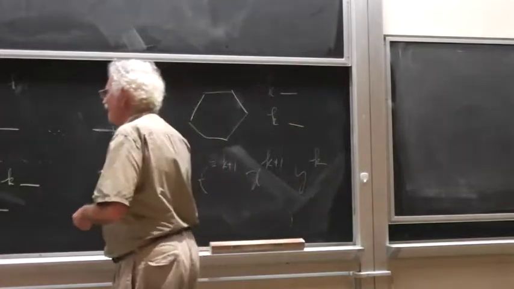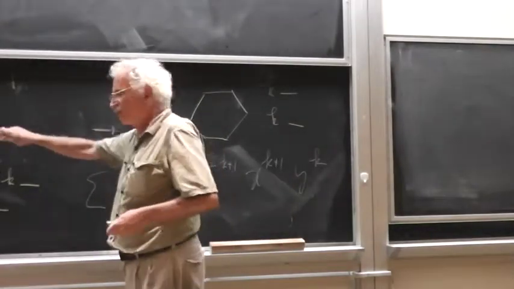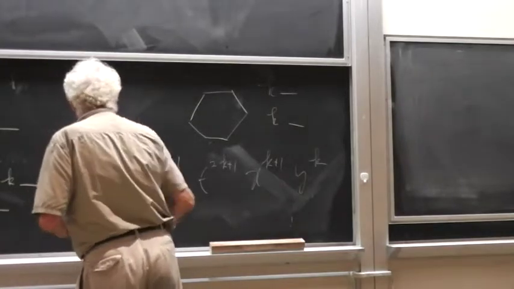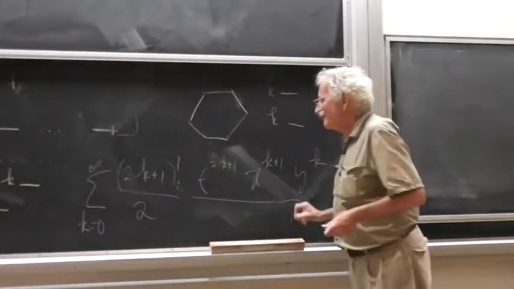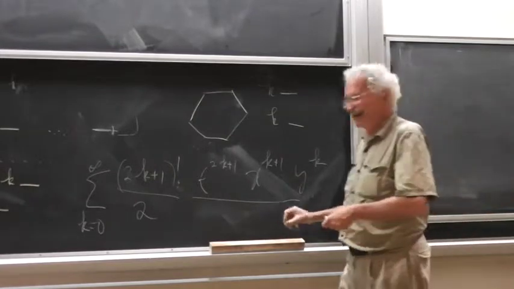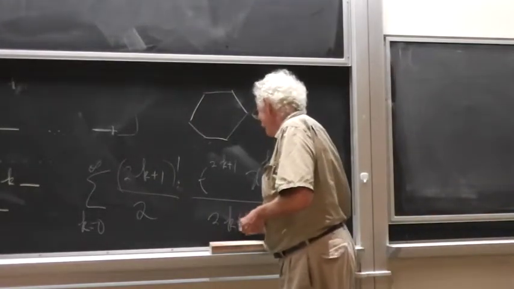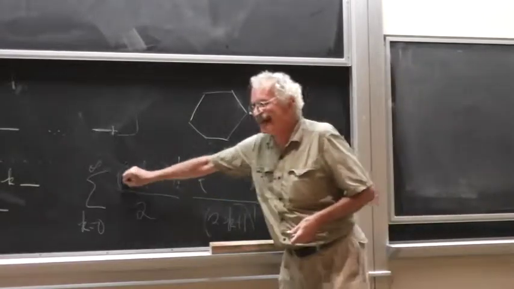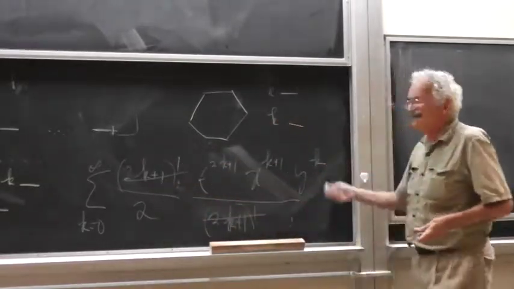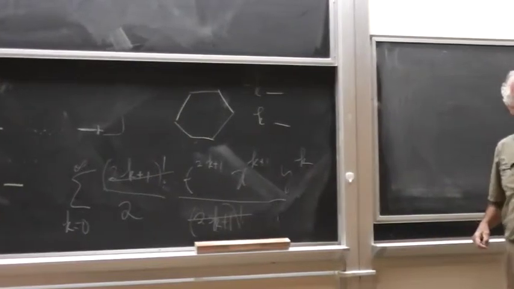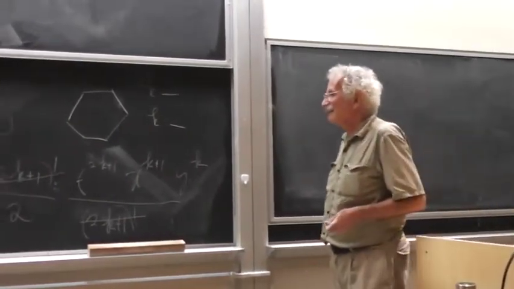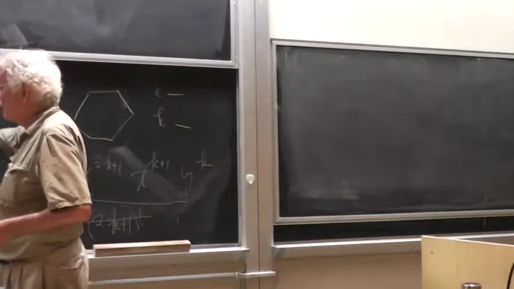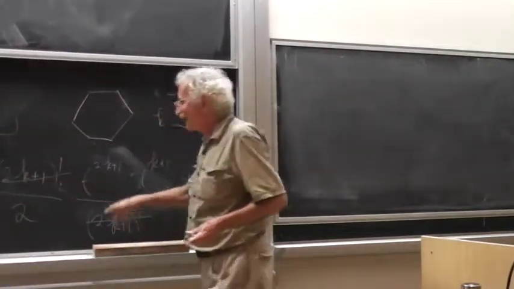So the exponential generating function for this type of connected component is the sum, K goes from 0 to infinity. The factorials cancel out, and we have a nice simple geometric series we can sum explicitly. Similarly, we can do it for this and get explicit rational functions.